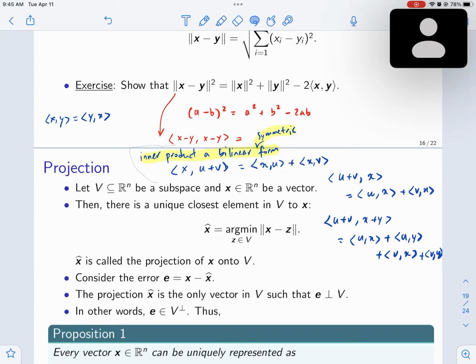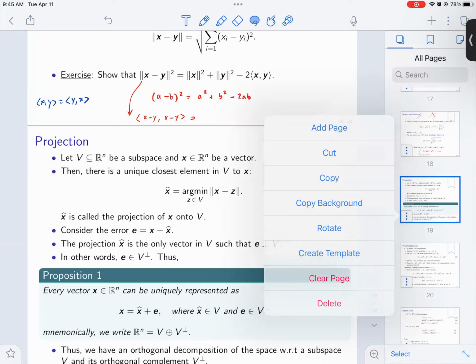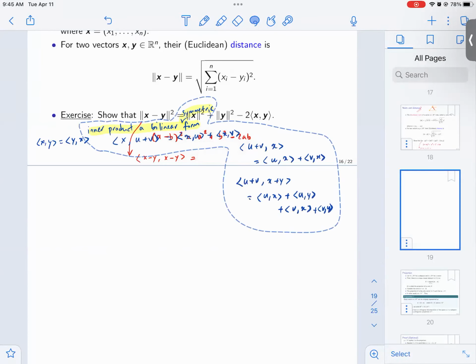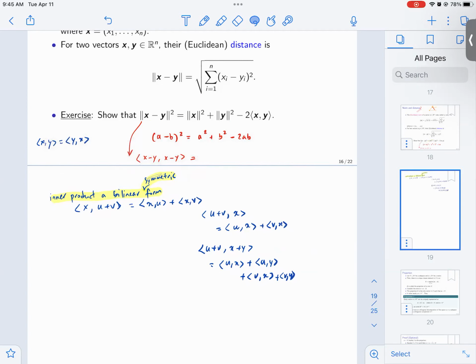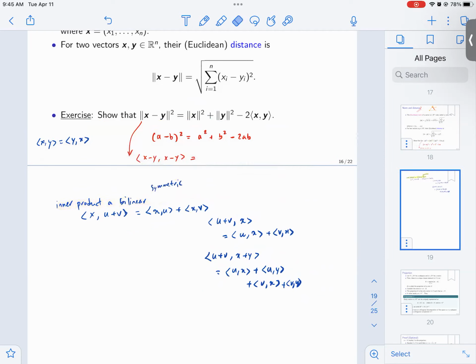So, questions? Symmetric bilinear form. Okay.